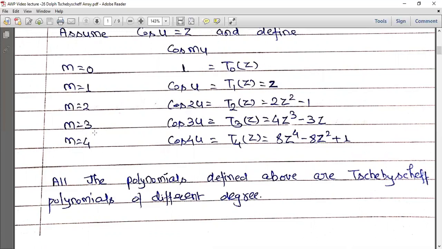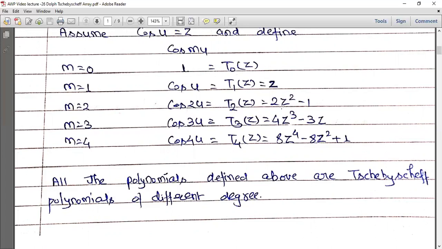Similarly, for m equals 3, cos 3u is written as 4z cube minus 3z, because cos 3u is expanded as 4 cos cube u minus 3 cos u. In this manner, we replace every cos u by z and define each of these polynomials. For m equals 0, you get 1, and we define it as T0(z). For m equals 1, you get z, which we define as T1(z).